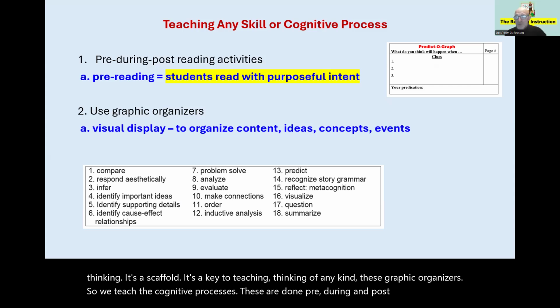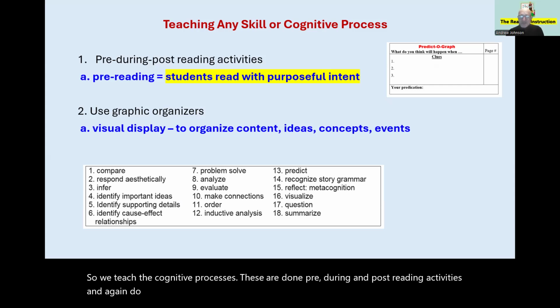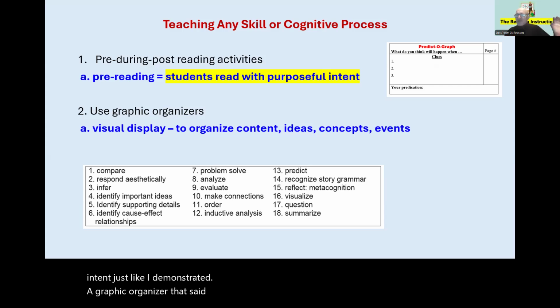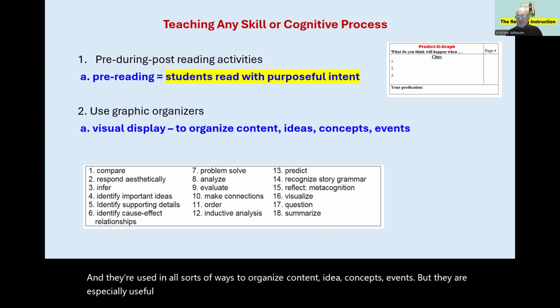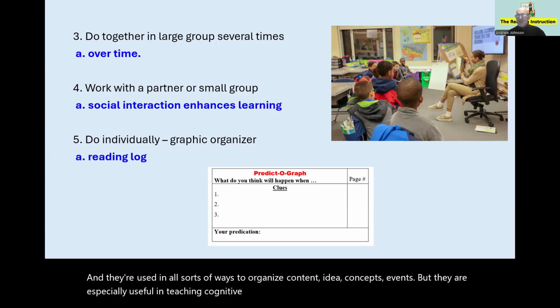And again, do them as pre-reading activities so that students are able to read with purposeful intent, just like I demonstrated. A graphic organizer, that's that visual display. And they're used in all sorts of ways to organize content, ideas, concepts, events, but they are especially useful in teaching cognitive processes, which comprehension is.